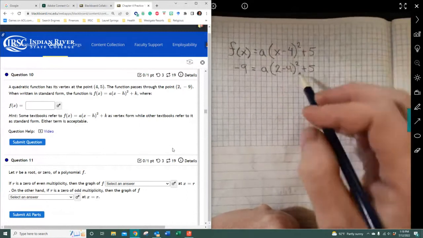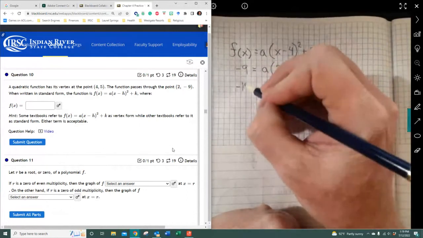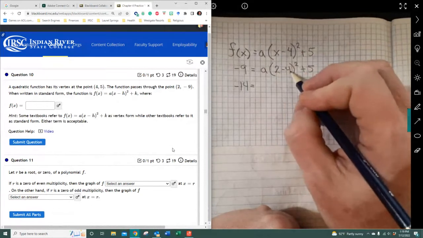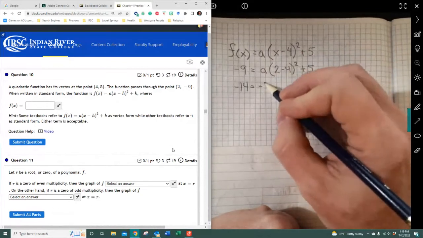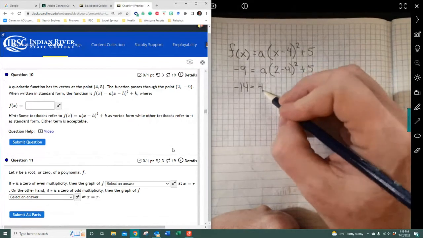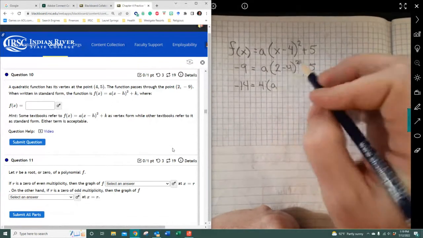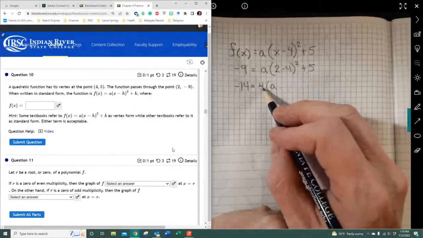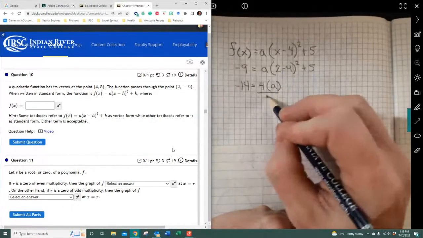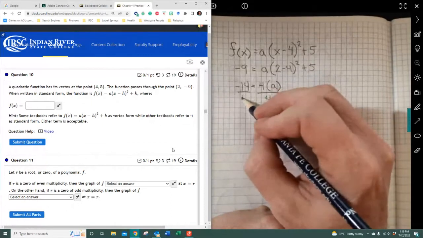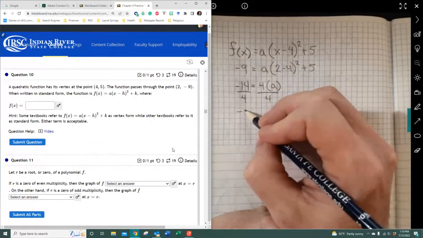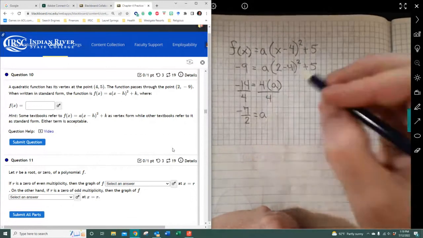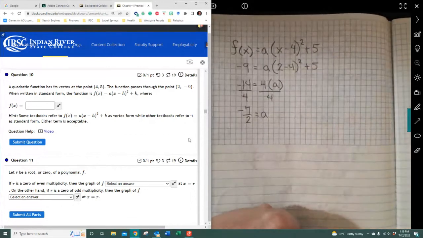So we're going to subtract 5 from both sides, get -14, and then 2 minus 4 is -2, squared is +4, because -2 times -2 is 4, times A. Then divide both sides by 4, and we get -7/2 for A. So then we need to come up with an equation.